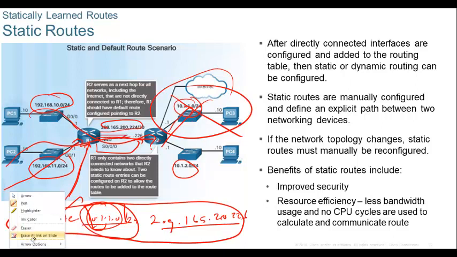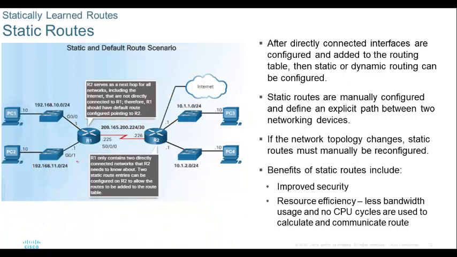The routing table will not get refreshed. Why? Because you, the owner, have explicitly written the route. So if this network goes down, you need to go to this router and manually remove it.